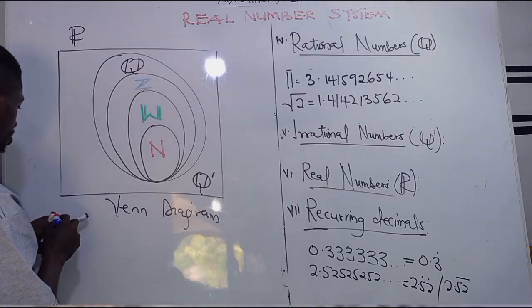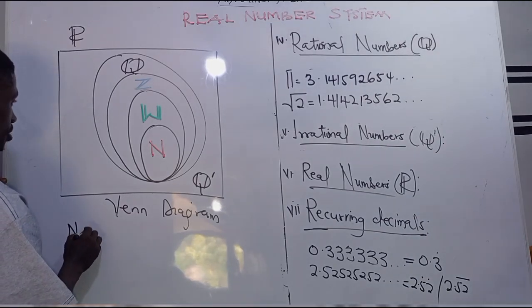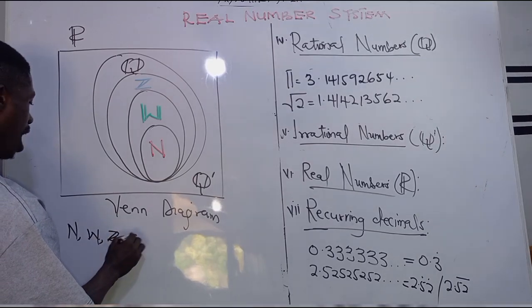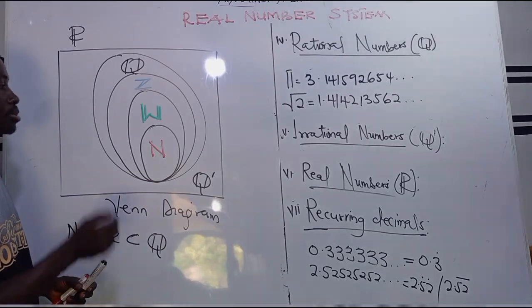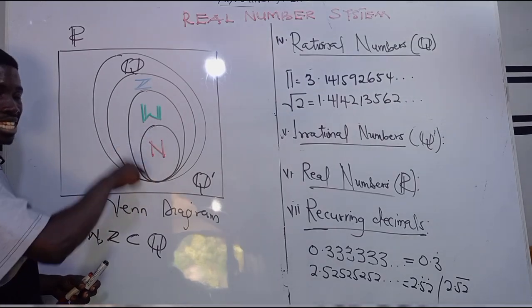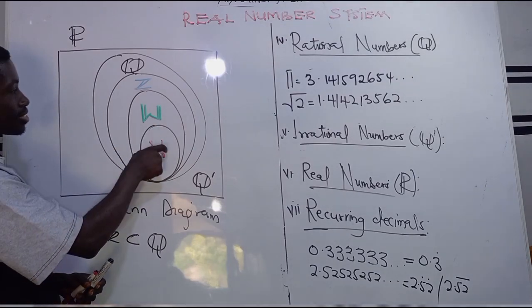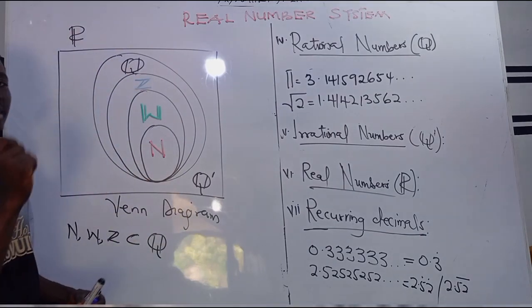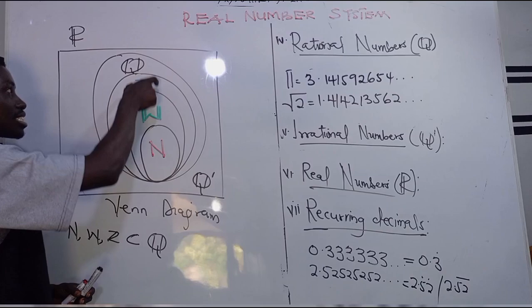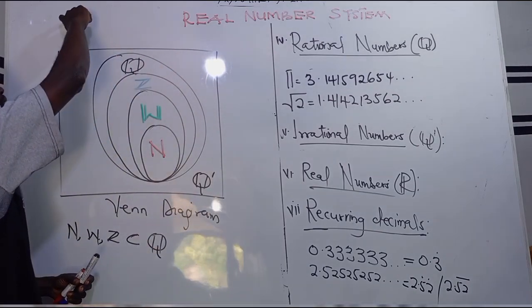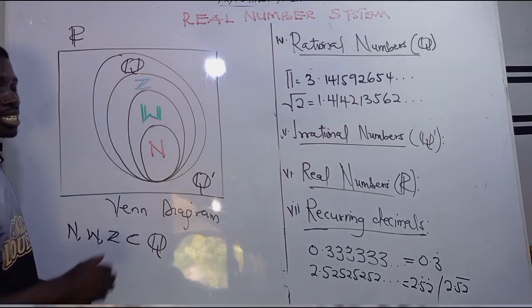So natural numbers, whole numbers, and integers are all subsets of what? Rational numbers. We can also observe from the Venn diagram that natural numbers are subsets of whole numbers. We can also observe from the same diagram that natural numbers and whole numbers are subsets of integers. We can also observe that natural numbers, whole numbers, integers, rational numbers, and irrational numbers are subsets of the real numbers. So all these are subsets of the real numbers.